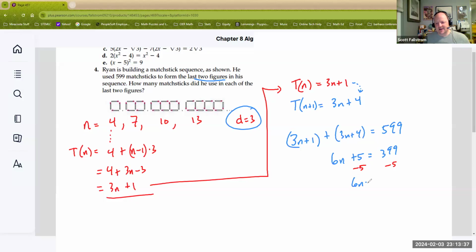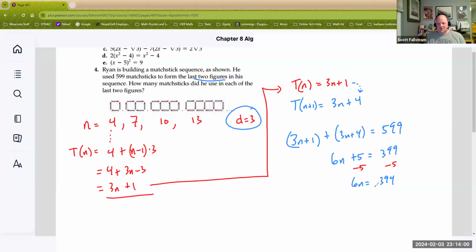That gives me 6n equals 394. Oh, see, that looks a little strange. Let's make sure I got that right. Yeah, every one of them is one more than a multiple of 3, so that makes sense. And then I take these two terms, and it's supposed to give me 599. There we go.